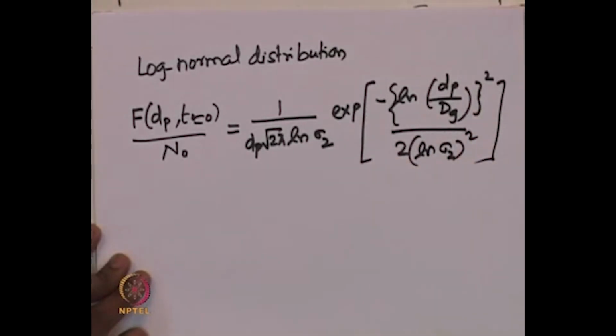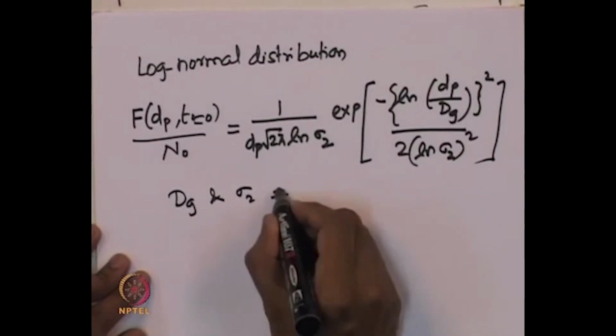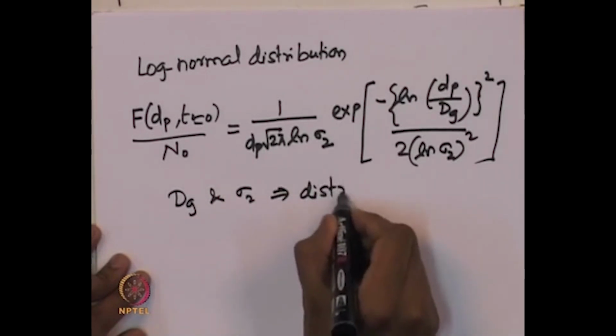So, that is the expression for the log normal distribution, where dg and sigma 2 are essentially the distribution parameters.